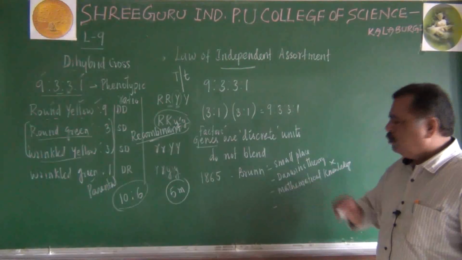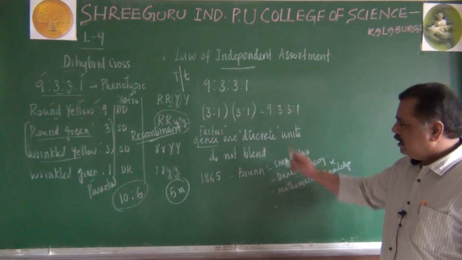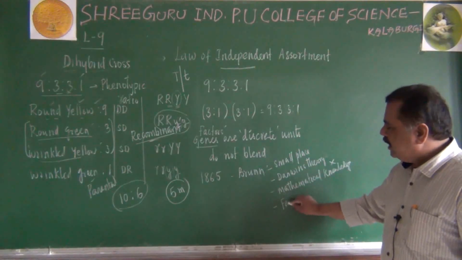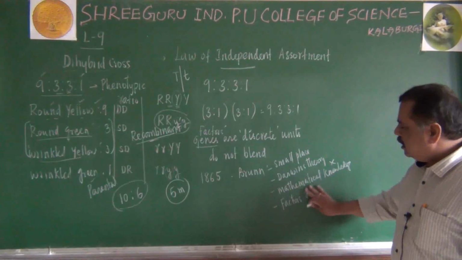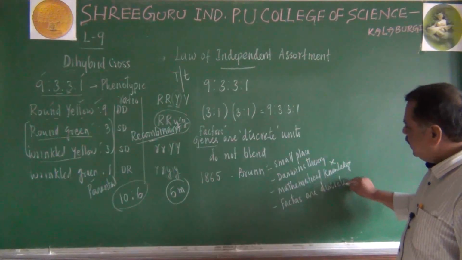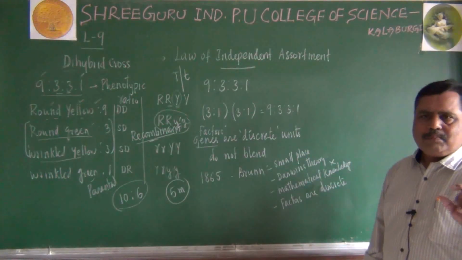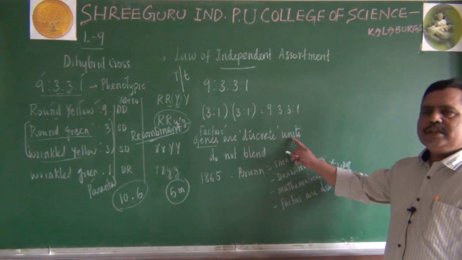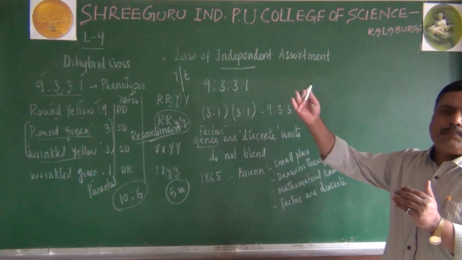Then there is one more reason. Mendel said that factors are discrete units, but that was also not accepted by scientists. They did not believe that factors or genes would be discrete, separate units that evolve separately.